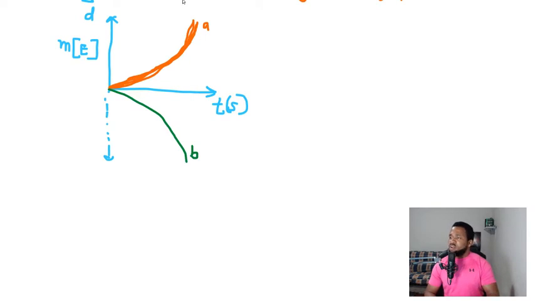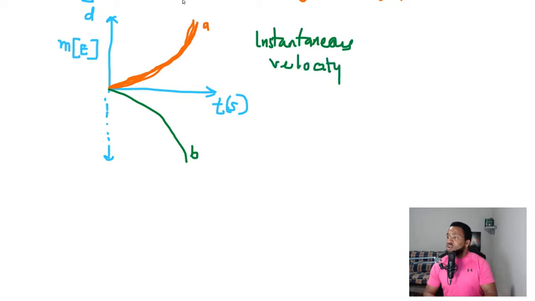We're going to be comparing these two and observing what is happening here. When you take the instantaneous velocity, we are trying to figure out what the slope at each point of this graph is.